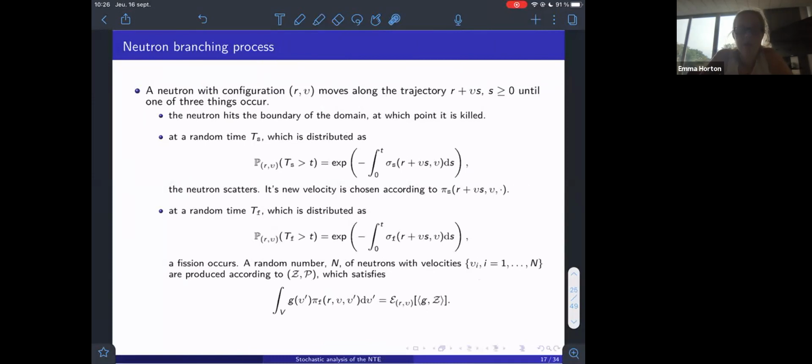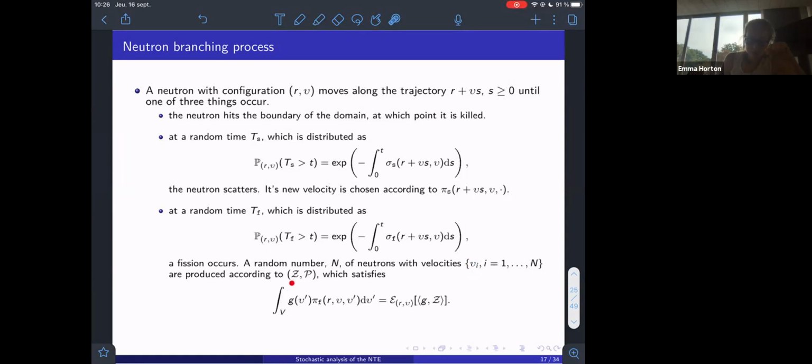Similarly, at some random time t_f, there could be a fission event, which has this distribution. It's the same kind of thing, but now with rate sigma_f. When this happens, a random number n of neutrons is produced, and each of these neutrons is created at the same spatial position as the fission event, but they now have new velocities v'.